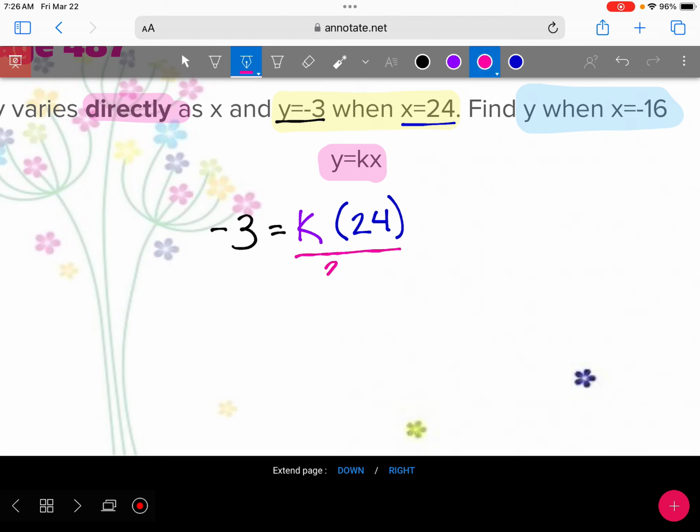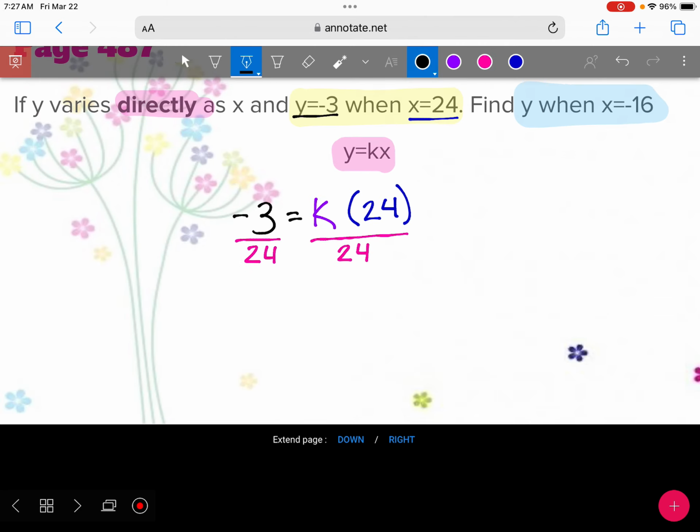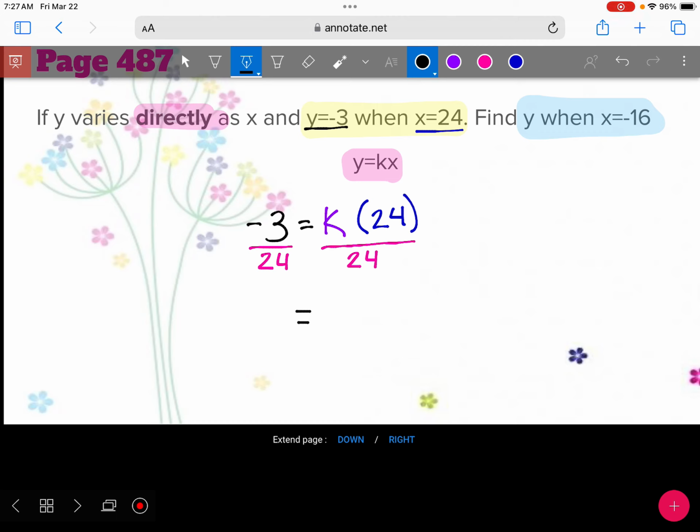So if we divide both sides by 24, (3 divided by 24), that will simplify. So we can actually find out that our k is -1/8.